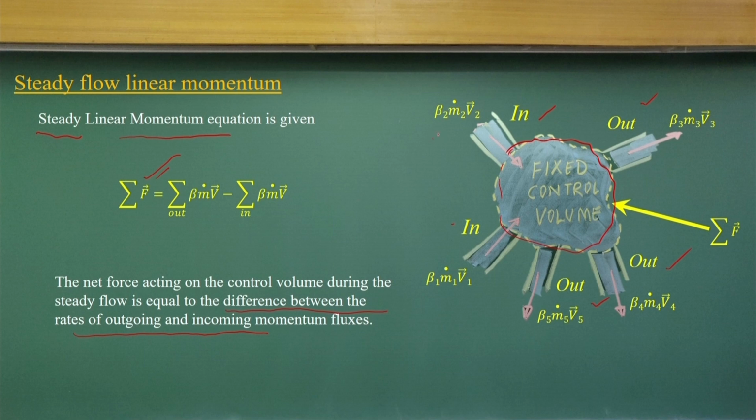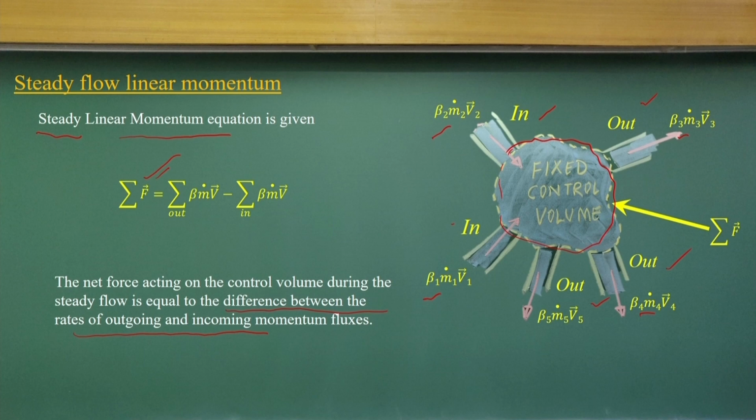Then we have beta 1, beta 2, which represent momentum flux correction factors, which will differ from location 1 to 2, 3, 4, 5 because the velocity distributions are different. As the velocity differences are there, B1, B2, B3, B5 will be different, because the momentum flux correction factors depend upon the velocity distribution.